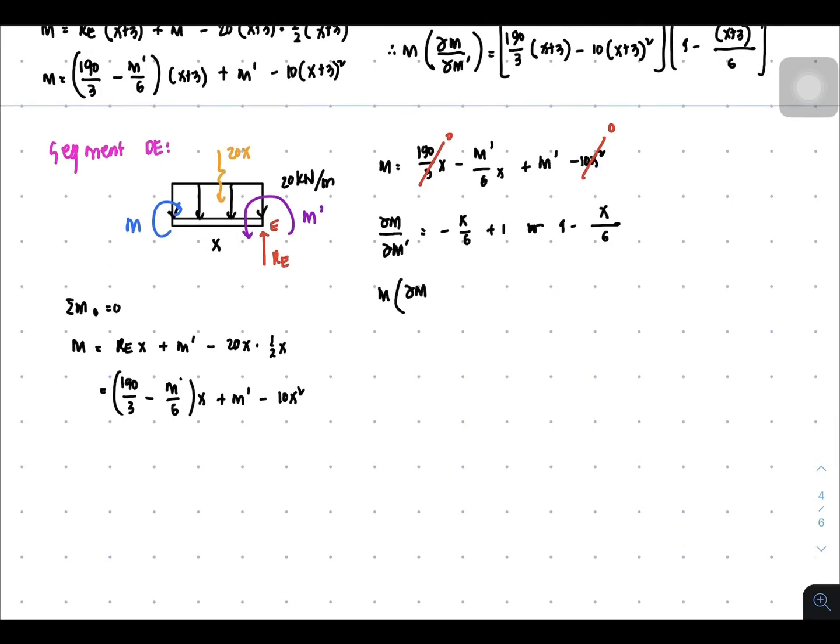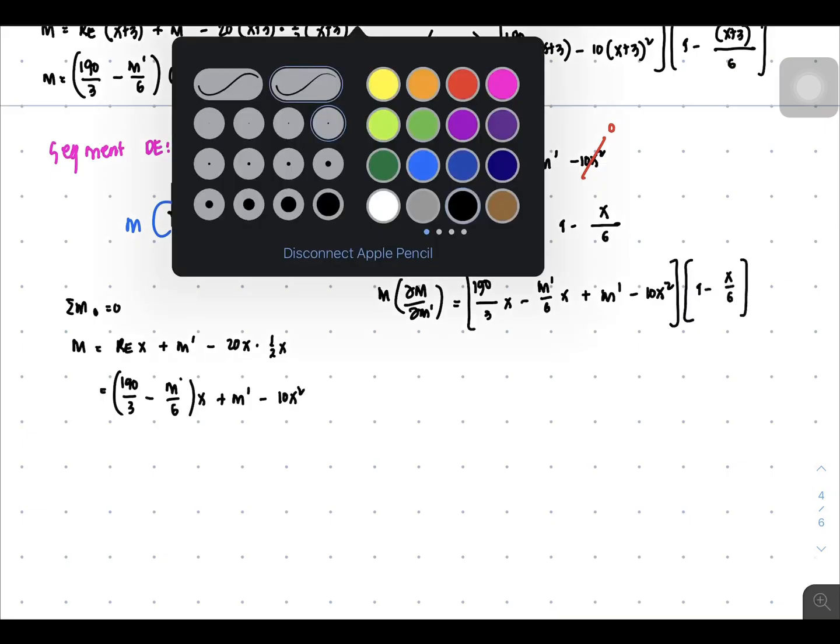So therefore, the product of the two terms, we now have to write 190 over 3 x minus M prime over 6 x plus M prime minus 10x squared, and you multiply it with 1 minus x over 6.